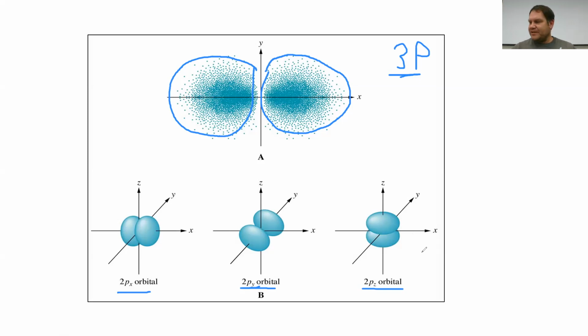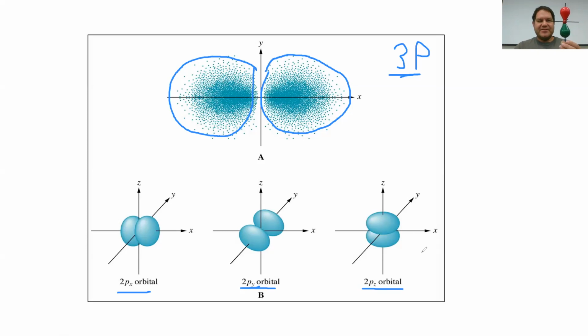So let me show you an example. This is a p orbital. Notice it has two lobes. This is a lobe, and this is a lobe. In between the lobes, there is no possibility of the electron existing. In fact, this is probably where the nucleus is, in between the two lobes, if you want to visualize it.